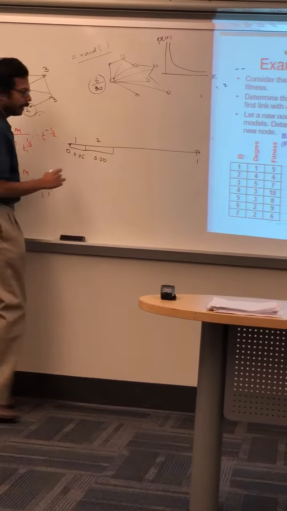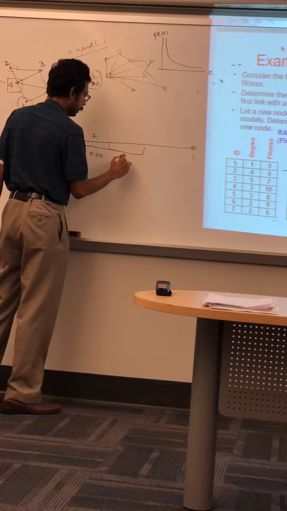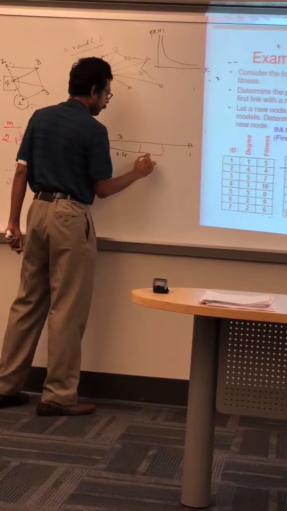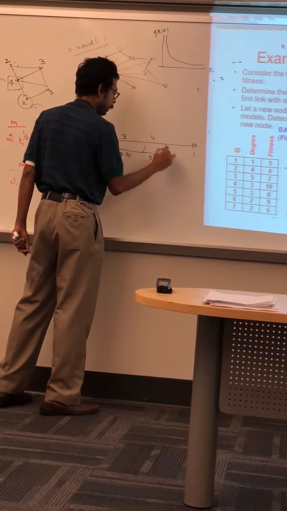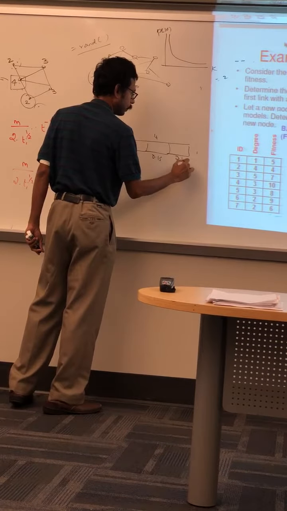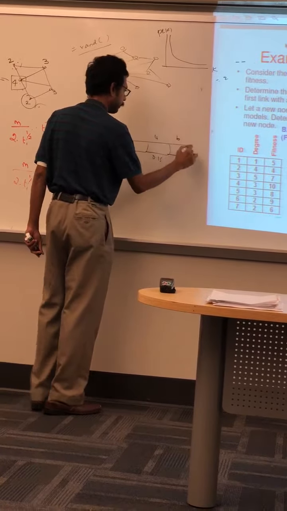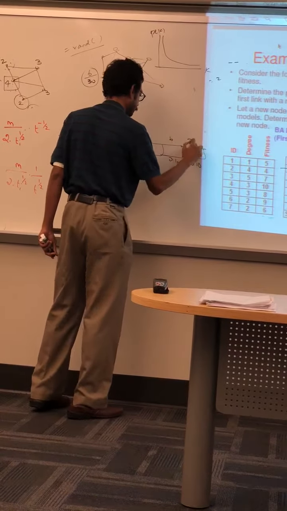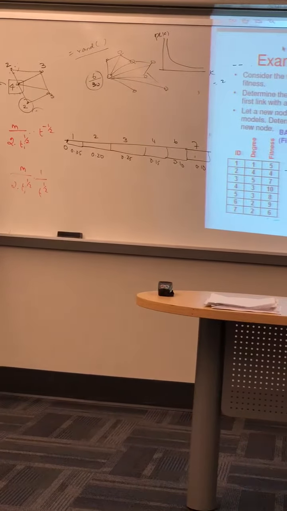Then 0.25 for node 3. Then 0.15 for node 4. Then 0.10 for node 6. Then another 0.10 for node 7. This is like the distribution.